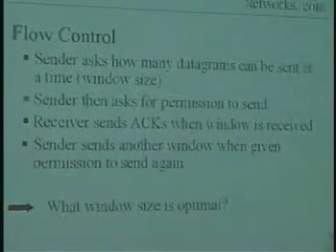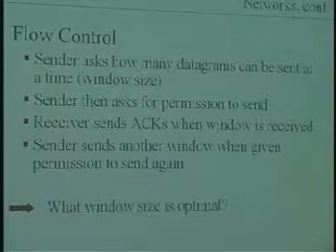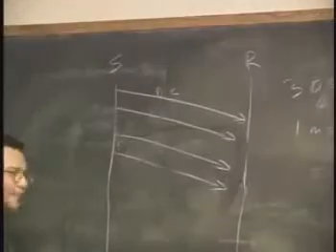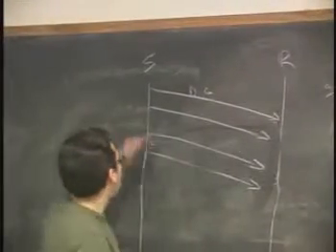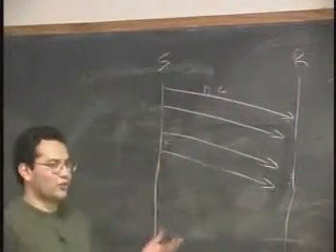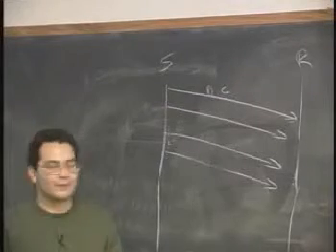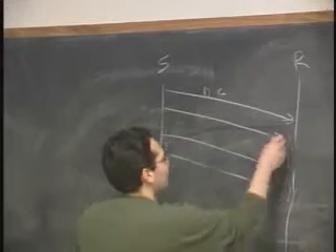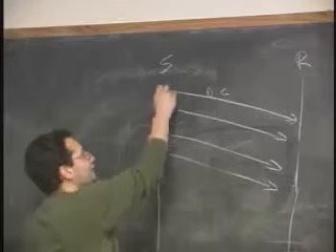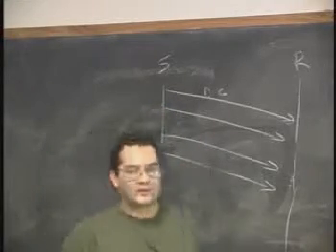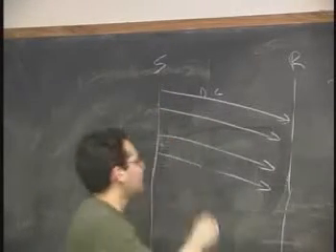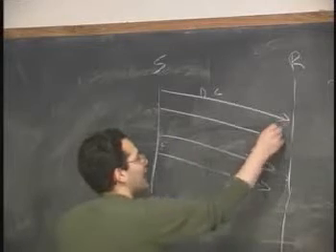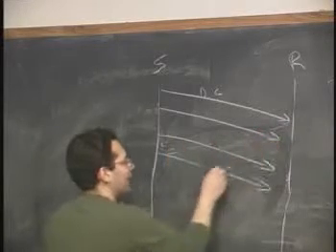Instead of this, you send a set of datagrams at once. In this case, there are 4 of them. That's your window, basically, these 4 datagrams. But you don't wait. You send the next datagram before the acknowledgement comes back for it. So you send these 4, boom, boom, boom, boom, and at some point, you'll be getting acknowledgements back.